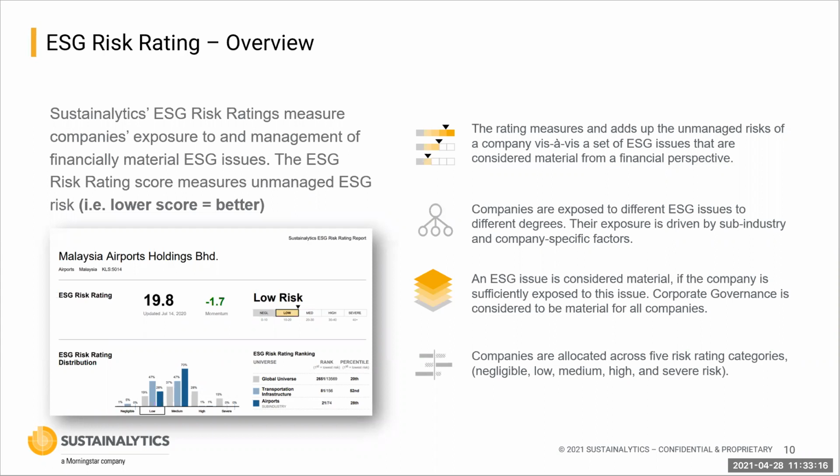So some clients, for example, like to use the momentum scores to identify companies where potentially there were existing management gaps, or there was involvement in a particular controversy that has affected the company.